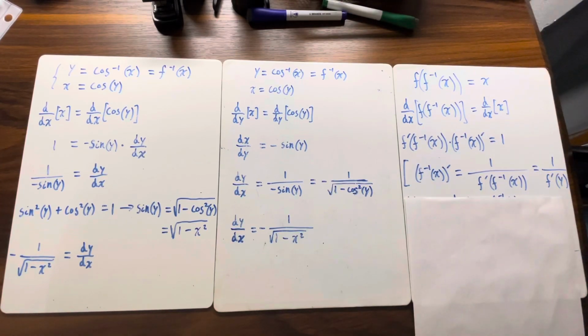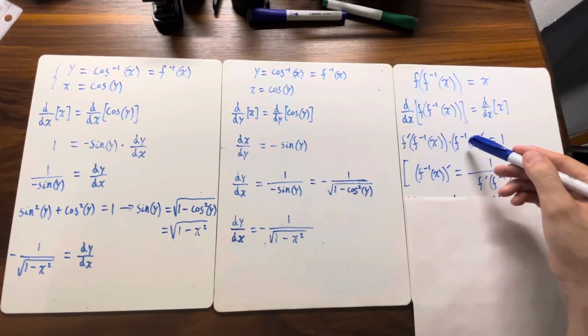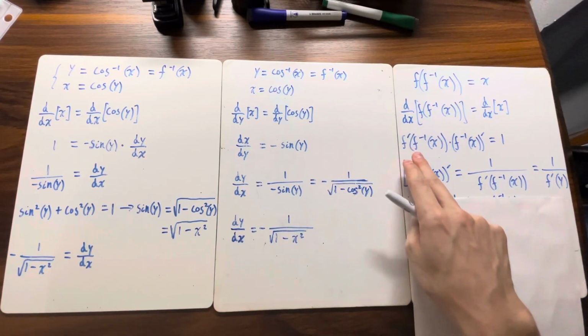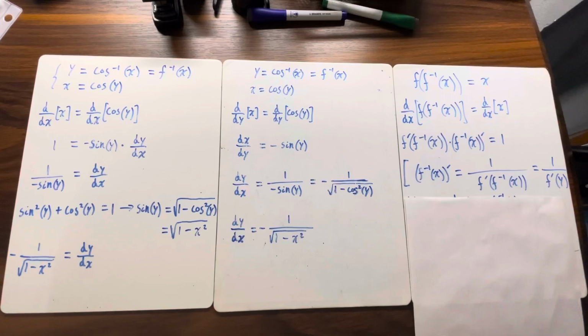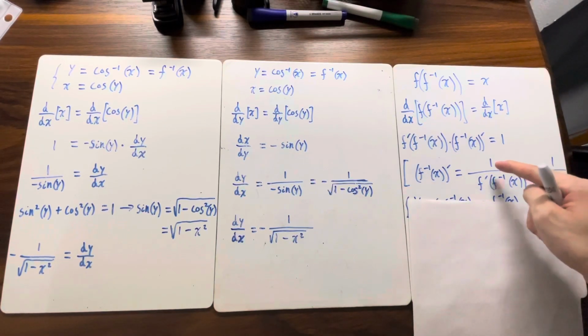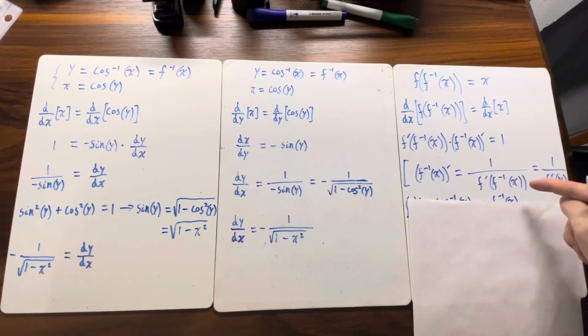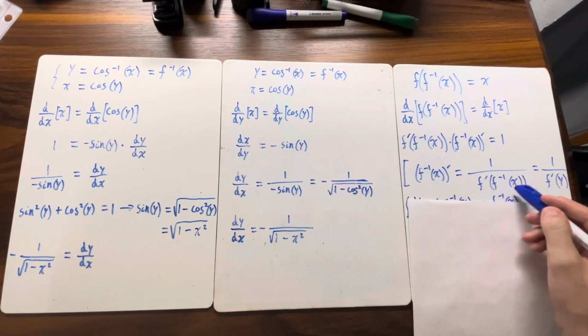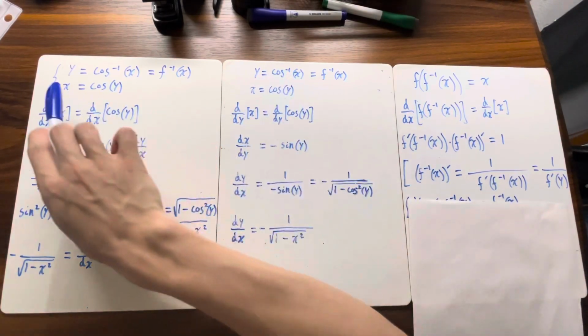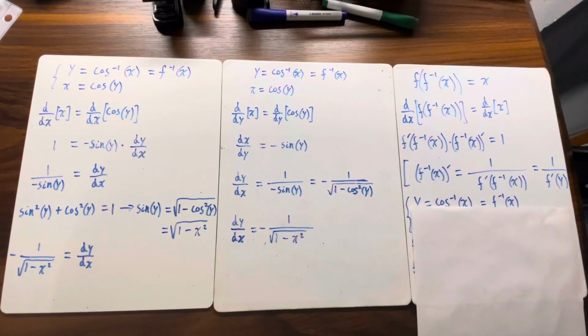And now we can solve for f inverse of x prime by dividing by f prime of f inverse of x. So we get that f inverse of x prime is equal to 1 divided by f prime of f inverse of x, and of course f inverse of x is just y, like we said over here, as well as over here.